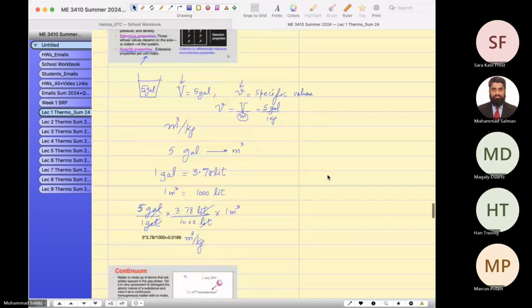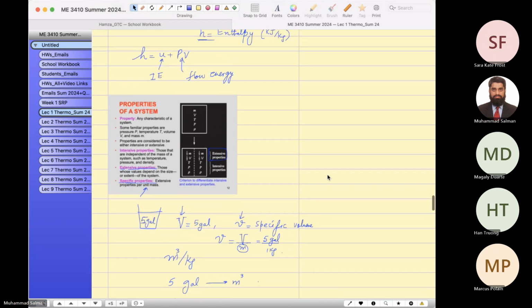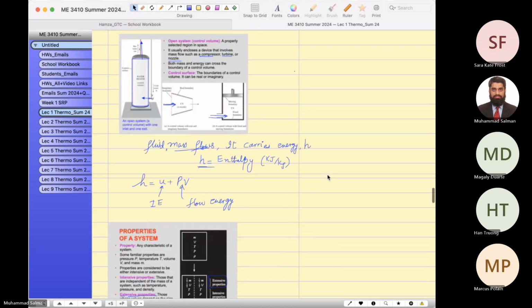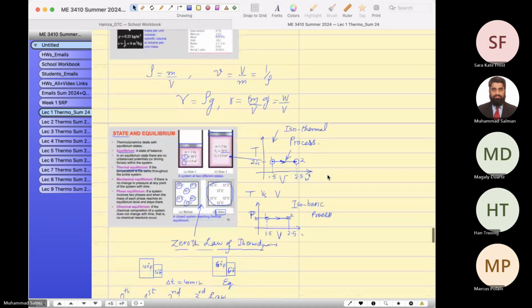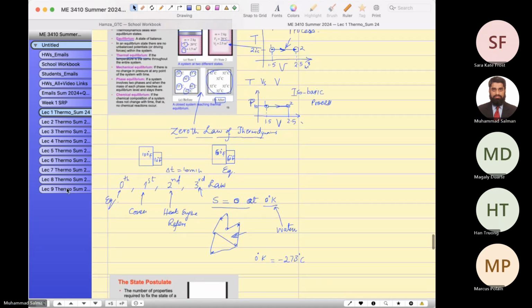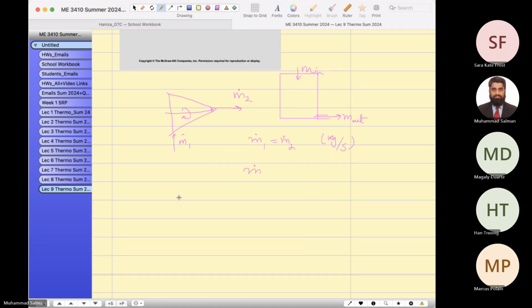M dot equals rho A V, where V is velocity.